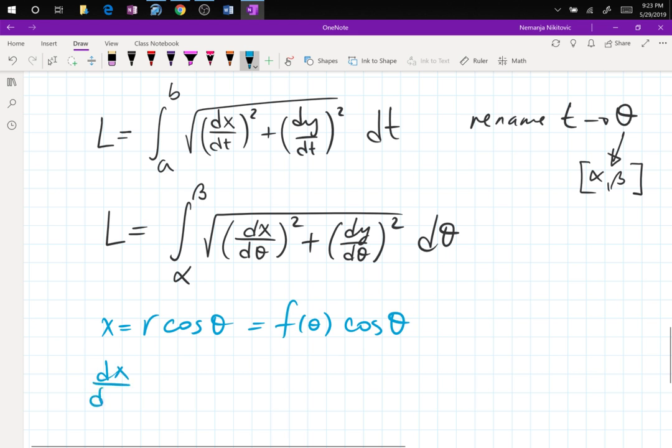So dx d theta is going to be derived as, copy the first, f of theta times the derivative of the second, which is negative sine theta, plus f prime of theta cosine theta.